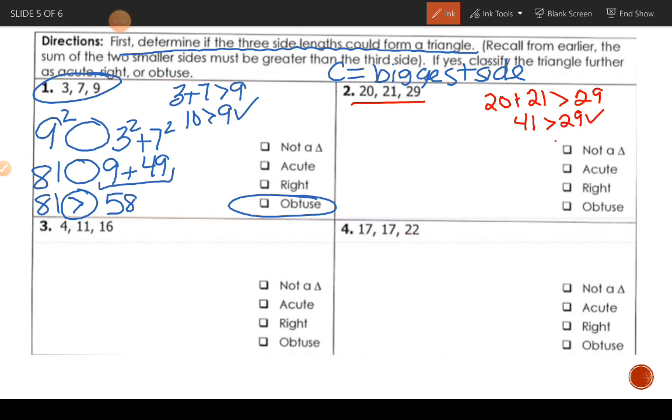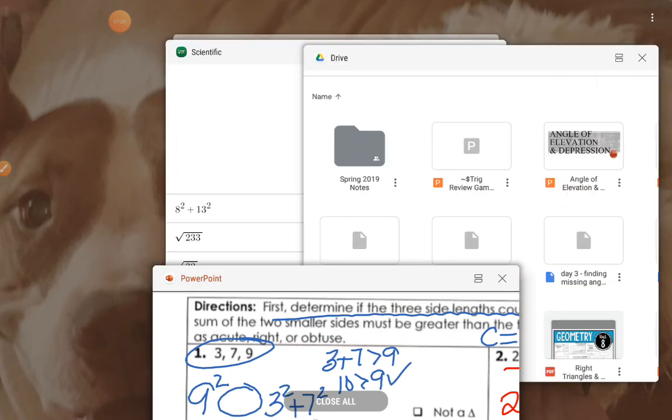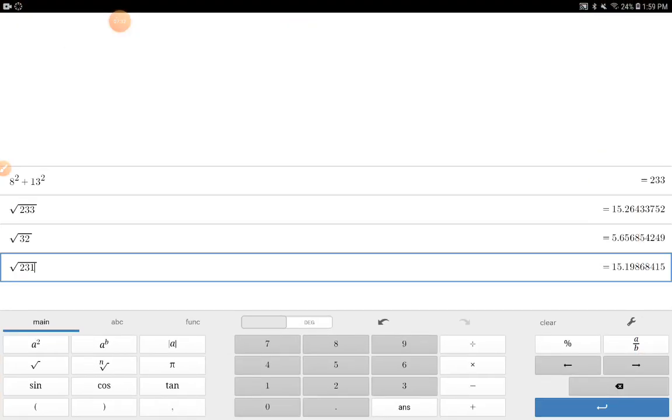So we're trying to figure out if c squared, so 29 is c, because that's the biggest. So 29 squared, again, I'm going to put a circle there because we don't know if it's bigger than, equal, or smaller than 20 squared plus 21 squared. So if you put this in your calculator, okay, 29 squared is 841. And then again, you can always use the scientific Desmos calculator.